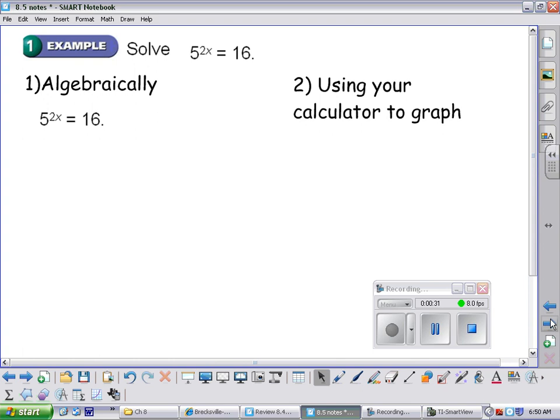Okay, so if we solve this, we know how to put this in our calculator. I'll show you that one more time just quickly here. But algebraically, because the x is in the exponent, I'm going to do the magic step to start, which is to recognize that I can take the log of both sides.